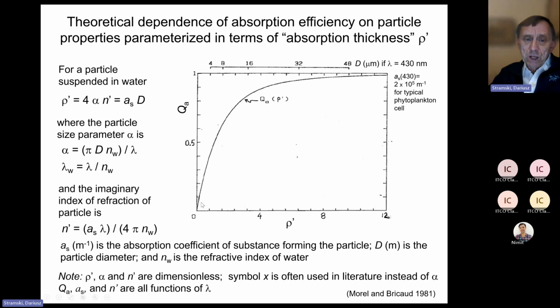But I want to mention the implication of changes in the slope of this function as we move across it. If a phytoplankton cell is small, it has a capability to either increase its size, but any species, of course, is constrained in how much it can increase its size, or it can synthesize more pigments to increase its absorption efficiency.